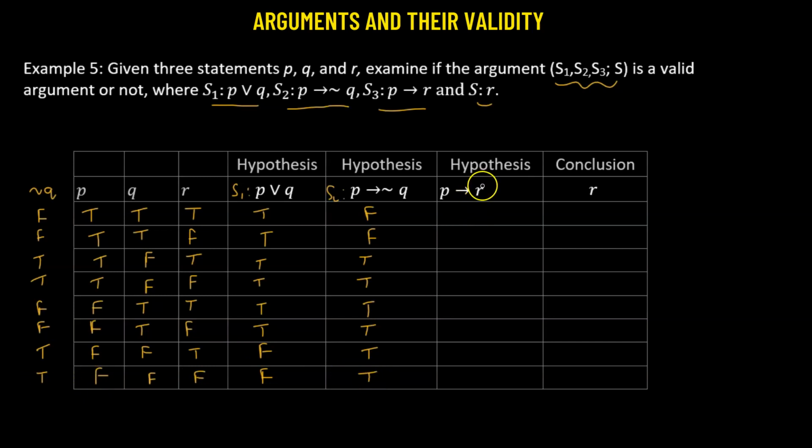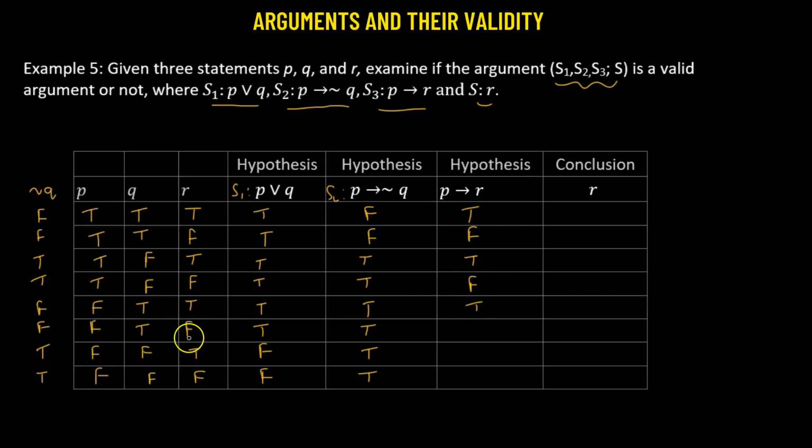And coming to the third hypothesis, if P, then R. If true, then true, so this is true. If true, then false, so this is false. If true, then true, this is true. If true, then false, this is false. If false, then true, so this is true.